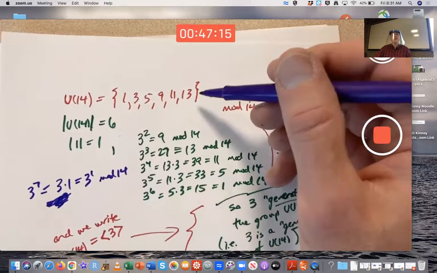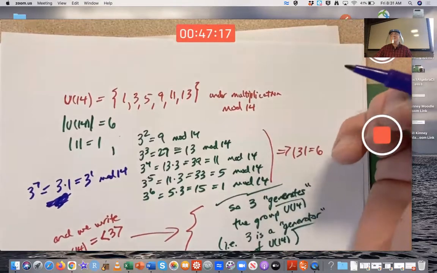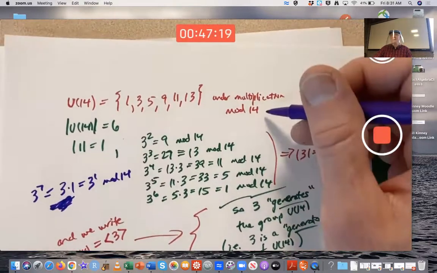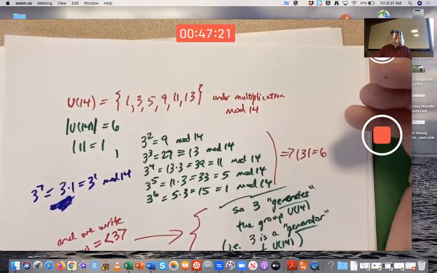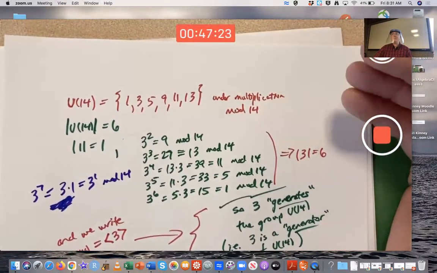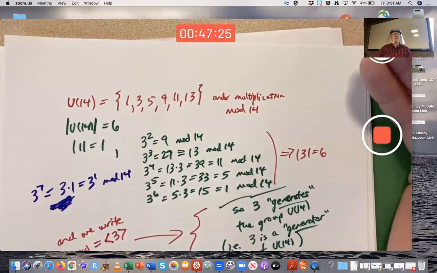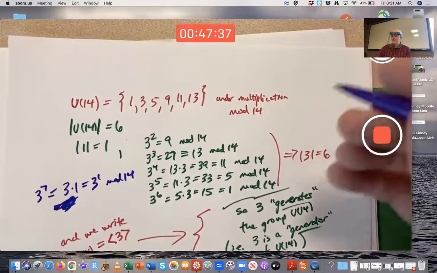Even though the operation is multiplication here, and in Z6 it would be addition. Multiplication mod 14 here, in Z6 it would be addition mod 6. But they have the same structure. Their Cayley tables can be made to look the same with the same patterns to them. And therefore they're isomorphic. And they are both what we call cyclic groups.